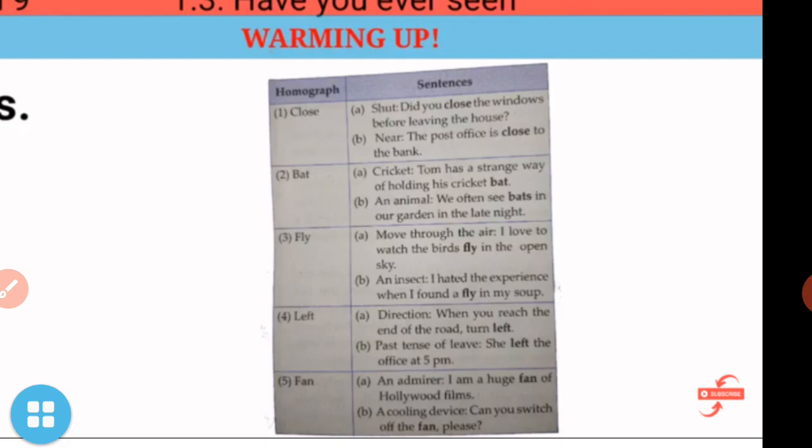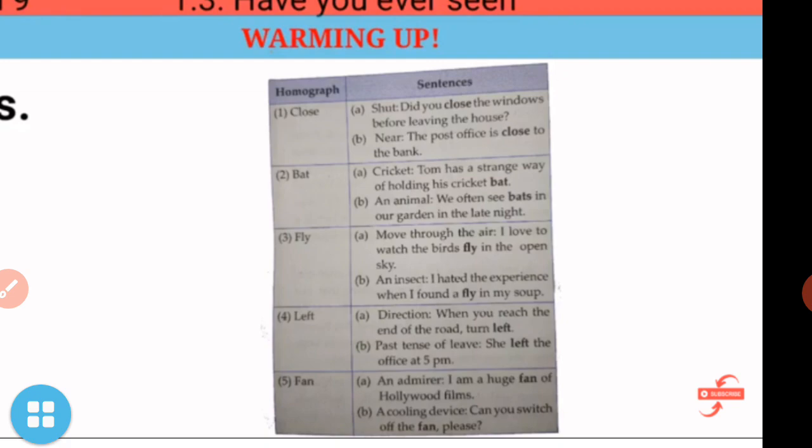The first homograph is close. I'm just reading a few so you can understand. So the first homograph is close. The first sentence we can make from the word close is with the meaning shut: Did you close the window before leaving the room?